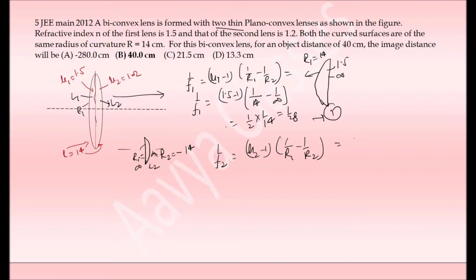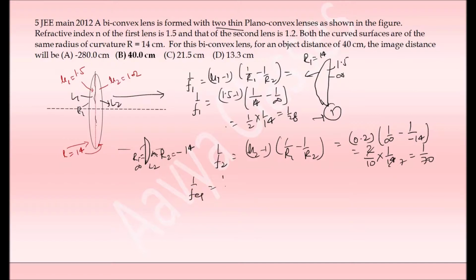So 1.2 minus 1, that is 0.2, into (1 by infinity minus 1 by minus 14). So from there we get 2 by 10 into 1 by 14. So it's 1 by 70. So basically 1 by f1 is equal to 1 by 28 and 1 by f2 is equal to 1 by 70.